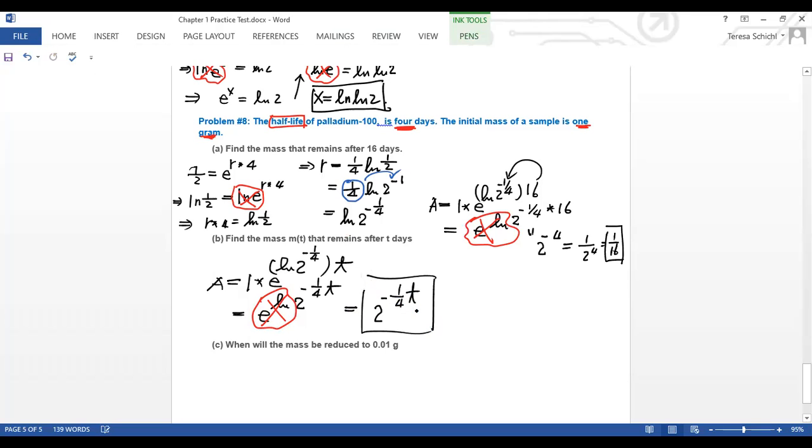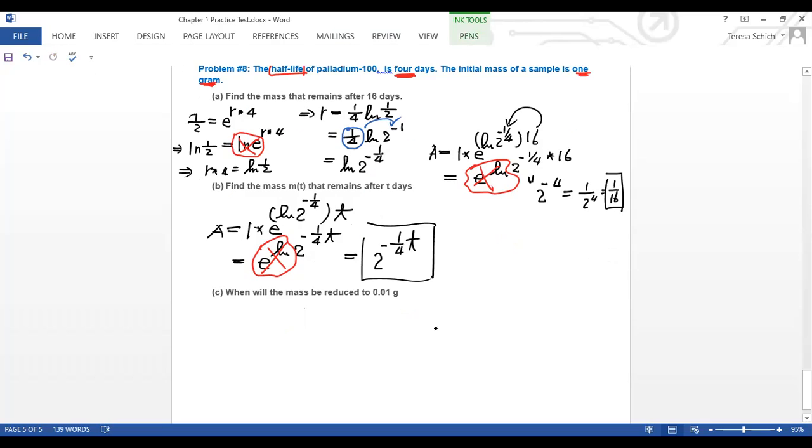So now part C, they say, when will the mass reduce to 0.01? Okay, so that's basically, I'm using this formula. So I say that now the mass 0.01 is equal to 2 to the negative 1/4 t. Right, so how do I do this? I take the natural log of both sides, so it's the natural log of 0.01.